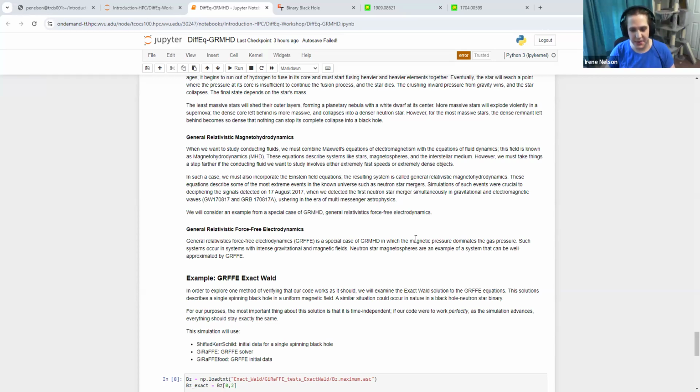This is what we need to describe some of the most extreme events in the known universe, like the event detected on August 17th, 2017, when we detected the first neutron star merger simultaneously in gravitational and electromagnetic waves. We detected a simultaneous gravitational wave event and a gamma ray burst.